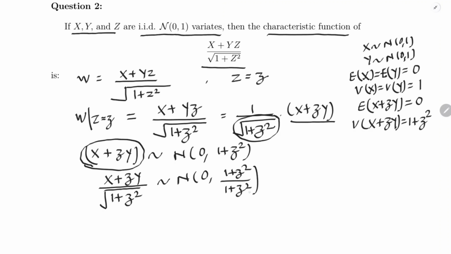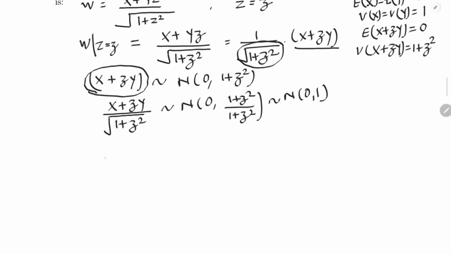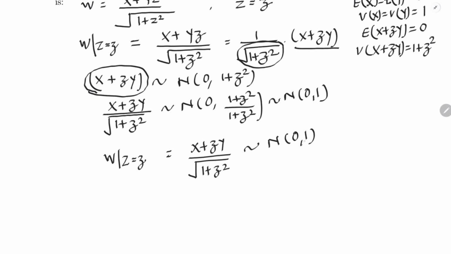This is the property of the normal distribution. That means normal 0, 1. So what we have derived is that W given Z, equal to X plus zY upon square root of 1 plus z squared, follows a normal distribution with 0, 1.